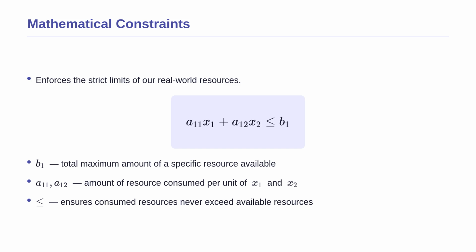The symbols A11 and A12 represent how much of that resource is consumed by producing 1 unit of X1 and X2. The inequality symbol ensures that the total resources consumed by our chosen variables never exceed the total resources available. If we try to increase X1 too much, the left side of the equation will exceed B1, making the solution physically invalid.